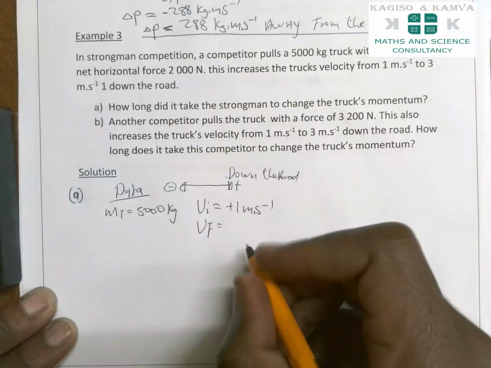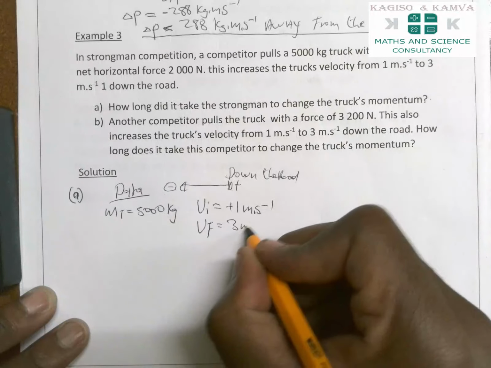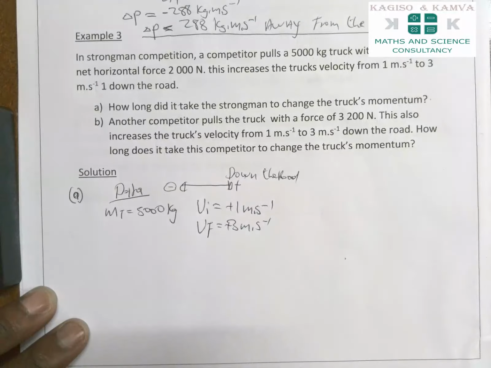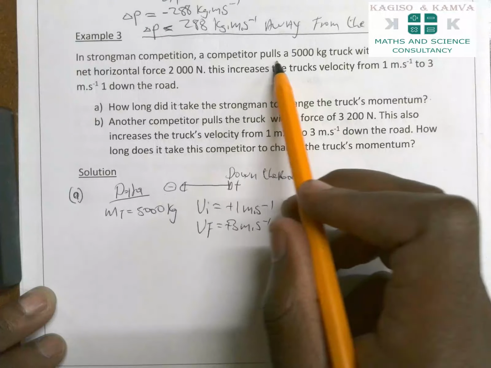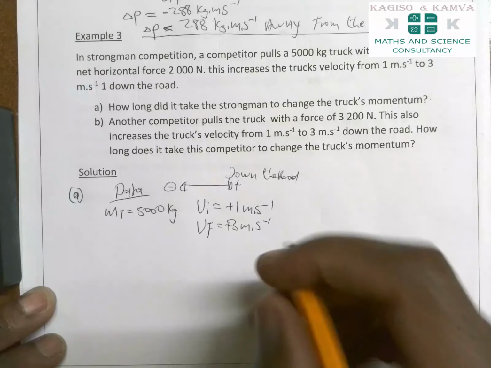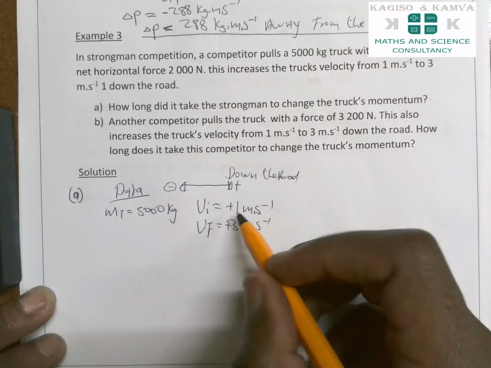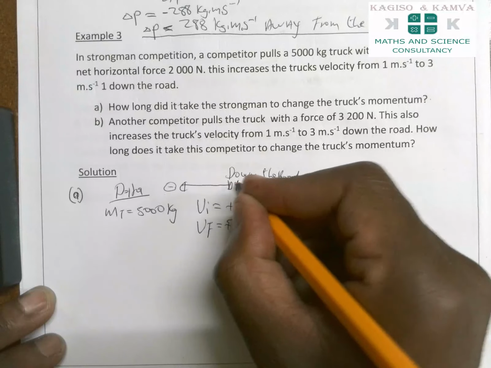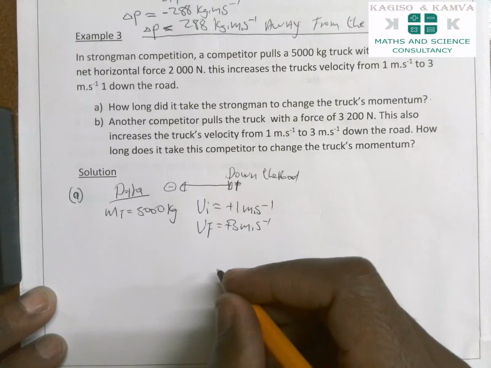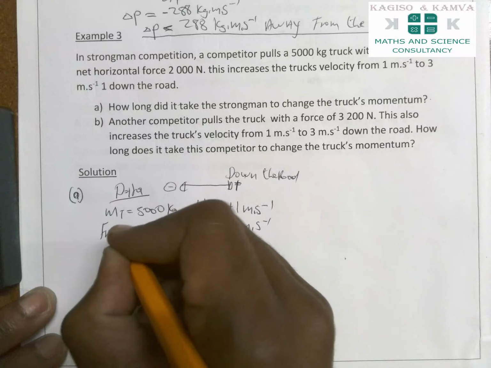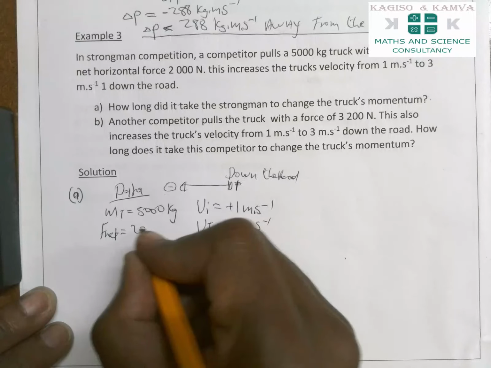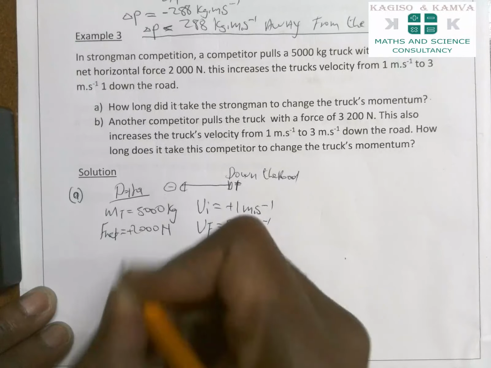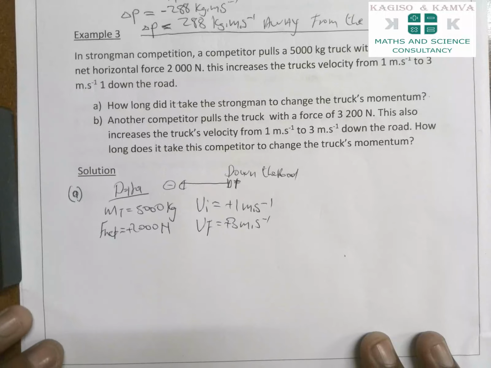Vf is 3 meters per second, also positive. Now they said pulls. It means the force is in the same direction as the velocity. So the net force is 2,000 newtons, also positive.